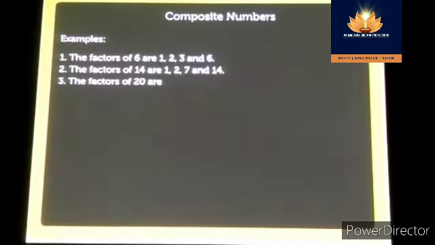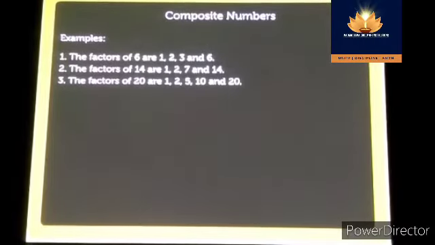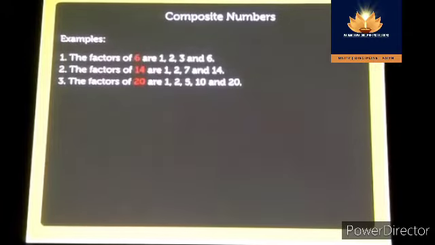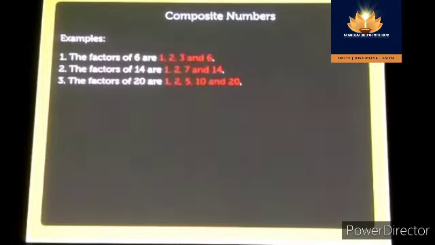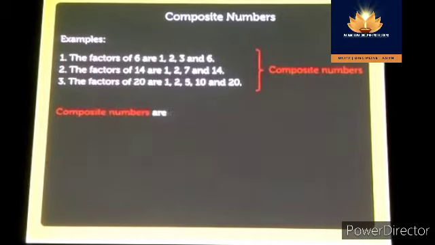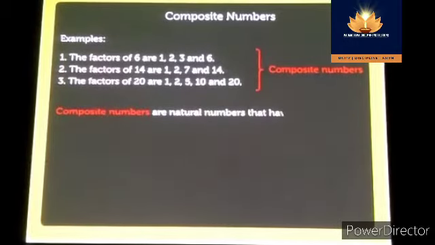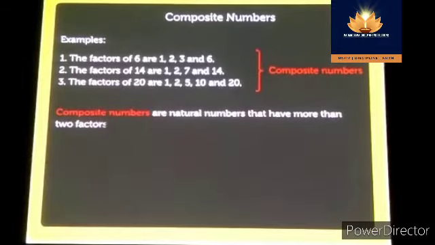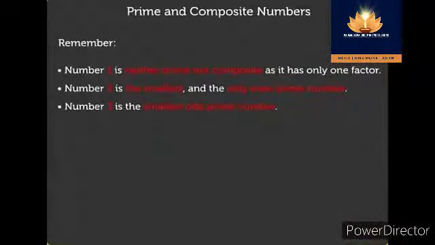The factors of 20 are 1, 2, 5, 10 and 20. All these numbers have more than two factors. These numbers are called composite numbers. Thus, composite numbers are natural numbers that have more than two factors.